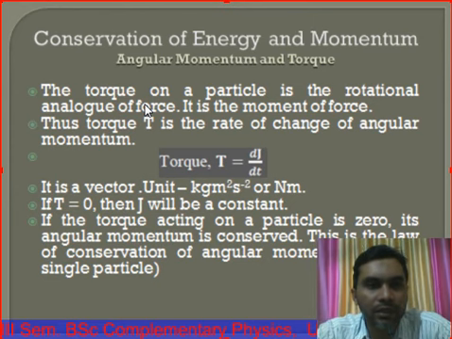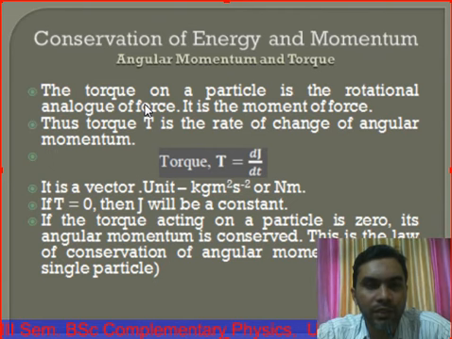The relation between torque and angular momentum is, as we saw in the last slide, that torque tau is equal to dJ by dt. This relation is exactly similar to Newton's second law of motion in translational motion. In that case F is equal to dp by dt, that is, the linear force F is equal to the rate of change of linear momentum p.